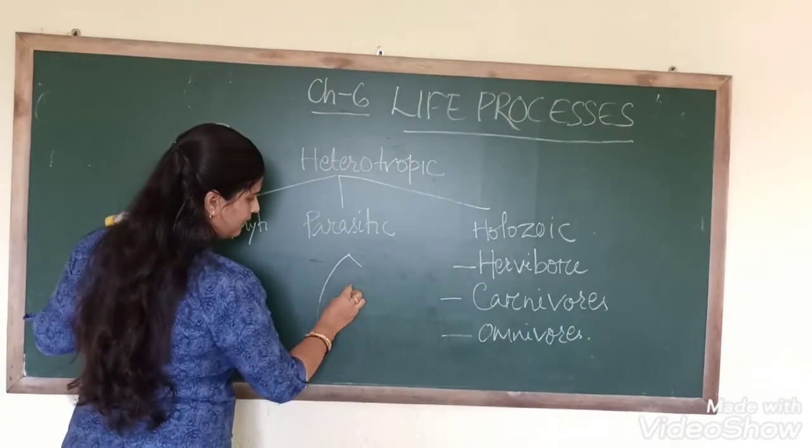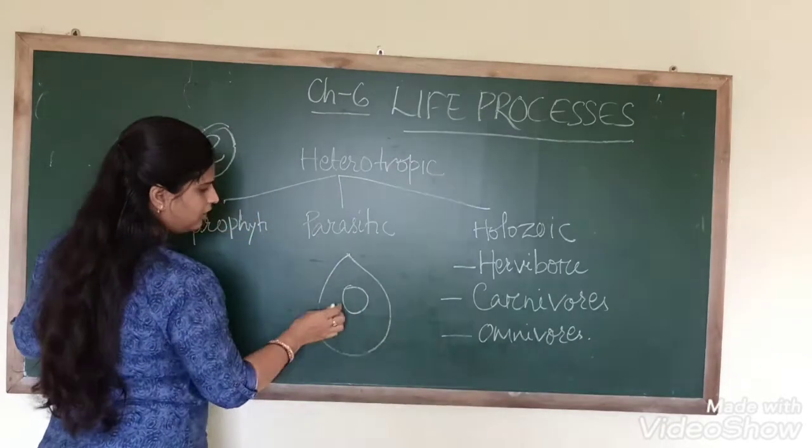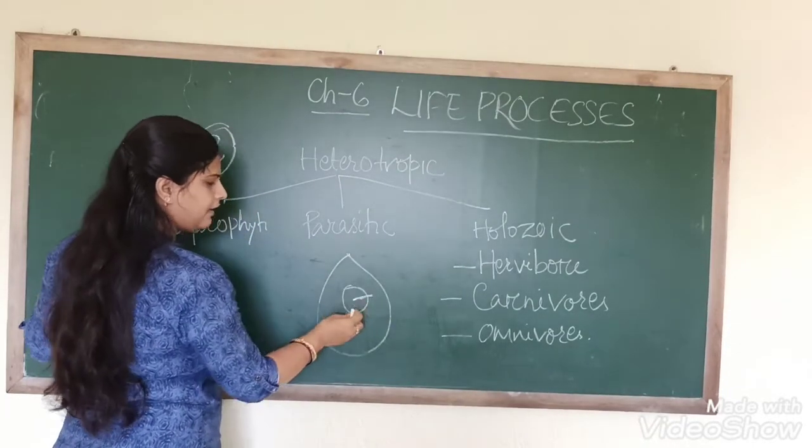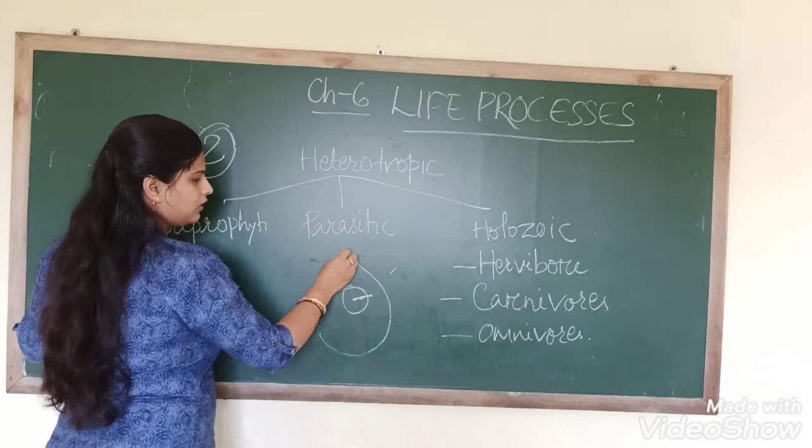In parasitic nutrition, the organism lives on another organism, in the host, and it depends on it for food.